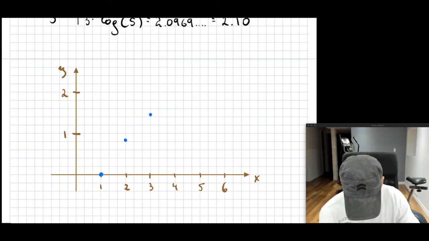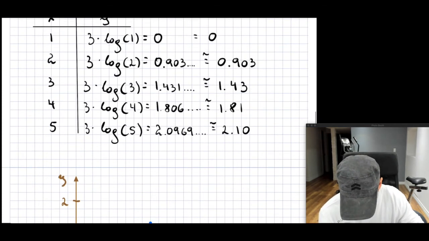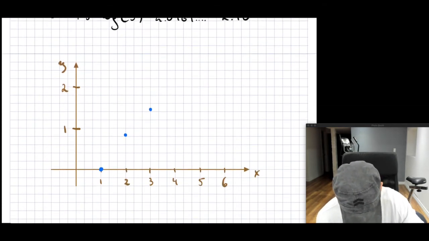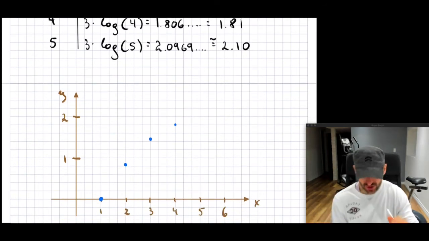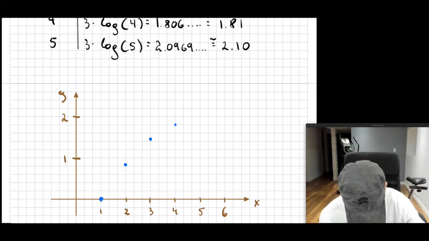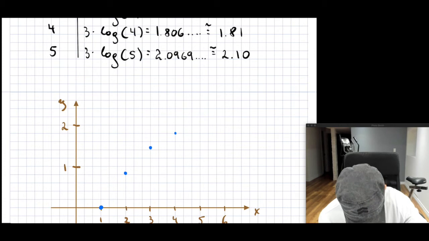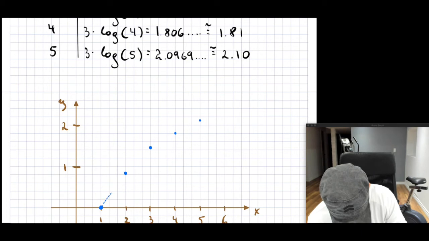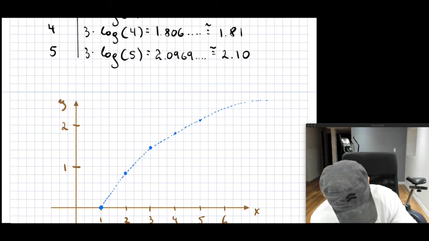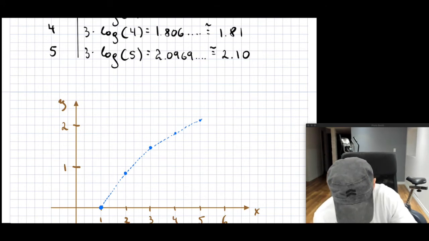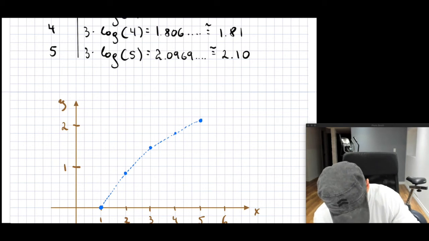And 4 is 1.81, so notice it's going to be somewhere along here. Notice it's slowly starting to peak out. And then 5 is 2.1, so it's going to be somewhere along there. Now this relationship basically starts to look like this. If we continued, you would notice it keeps going in that direction. Of course, we're restricted, so we're just going to stop right there.